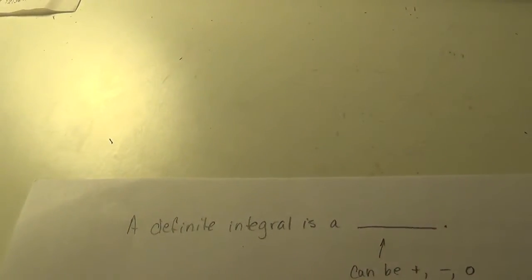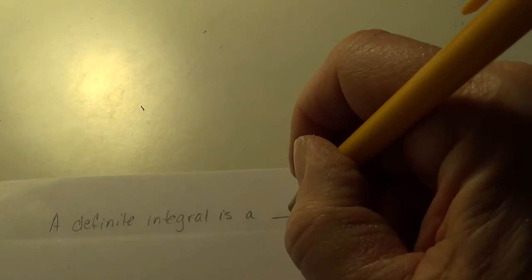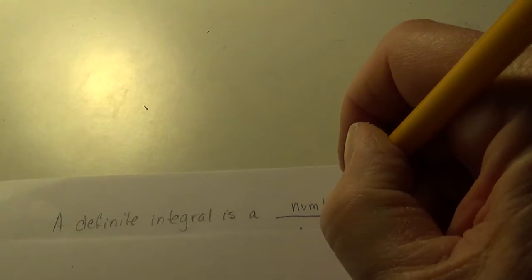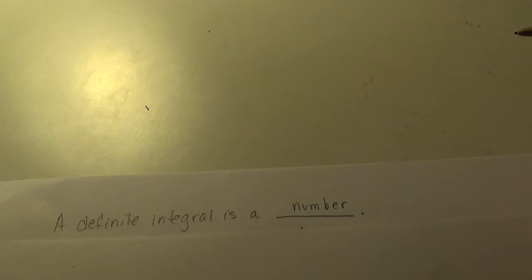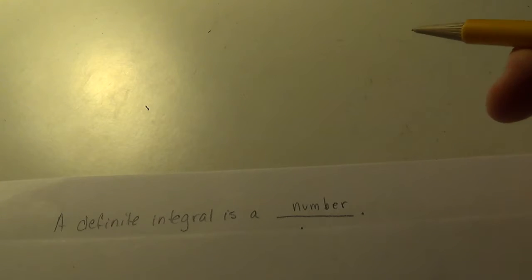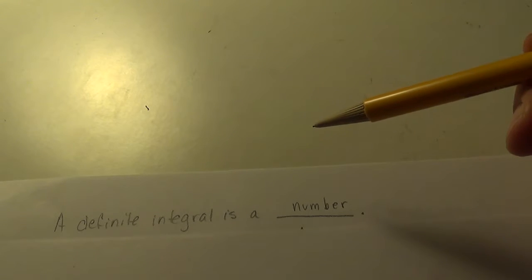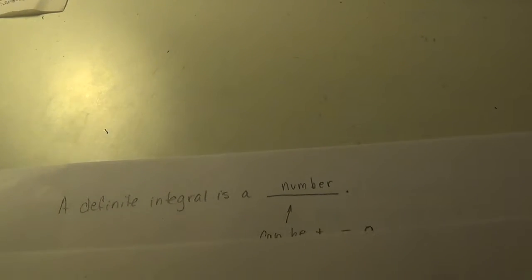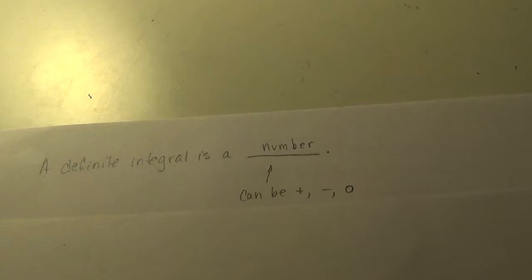All right, another observation is that a definite integral is a number. And we were practicing on Friday doing many definite integrals, and each one came out to be a number. So a number can be positive, it can be negative, and it can be 0.